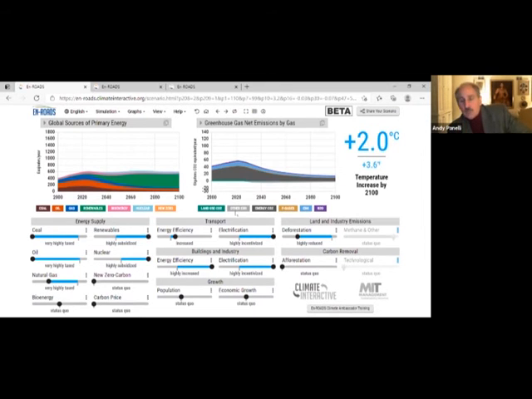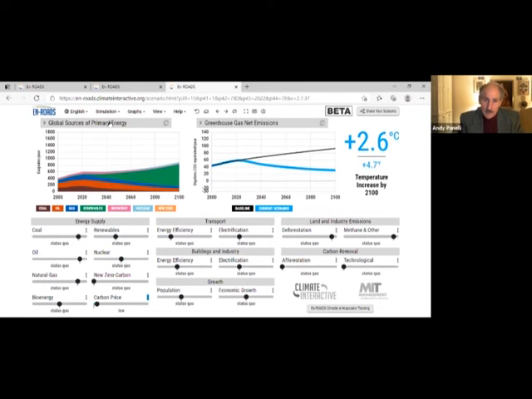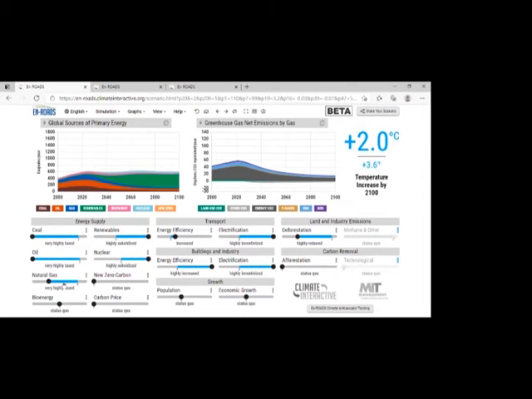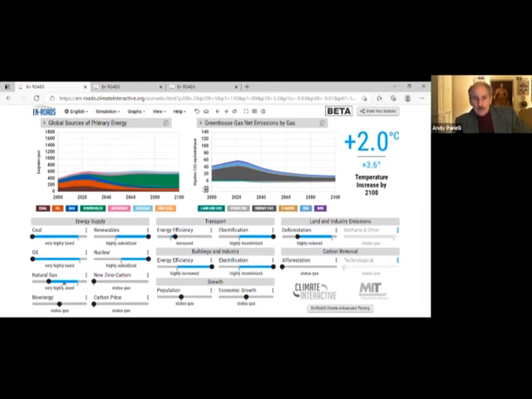Now, as we found out, some activities are more impactful than others. And I'm going to show you some legislation that I've programmed into this. What we did in our scenario is we taxed coal, we taxed oil, we taxed natural gas separately. And then we tried to promote nuclear energy and renewables.